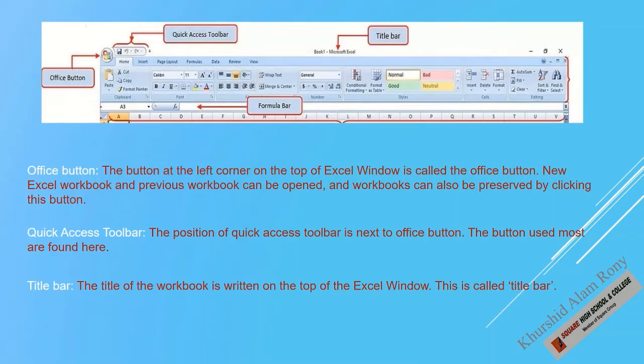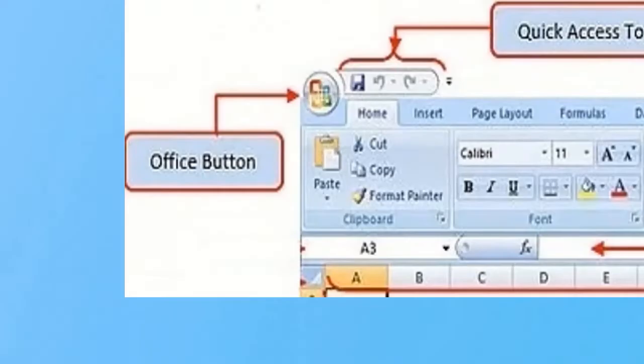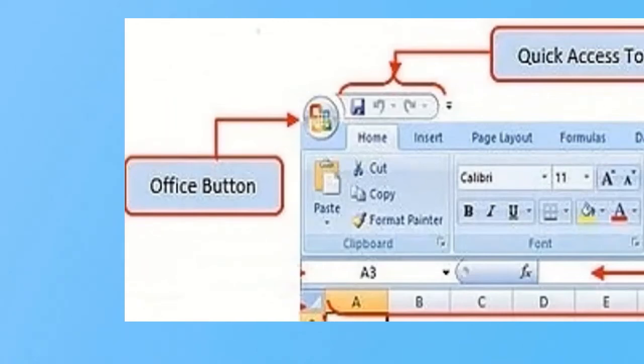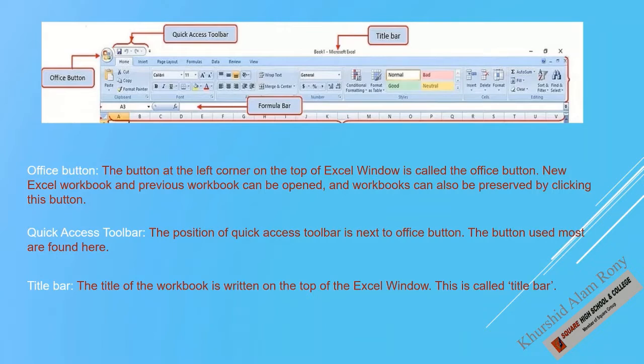Office button. The button at the left corner of the top of the Excel window is called the Office button. New Excel workbooks and previous workbooks can be opened, and workbooks can also be saved by clicking this button.